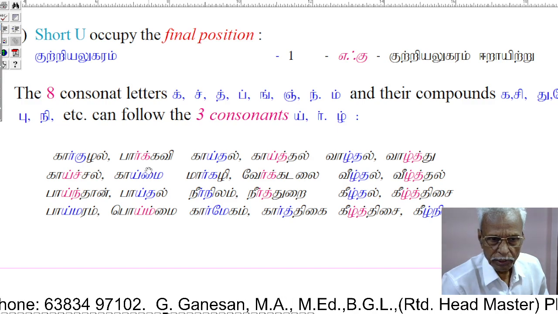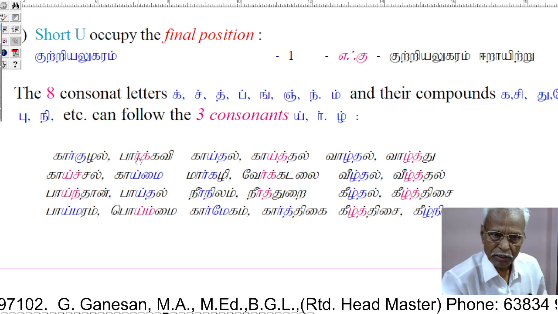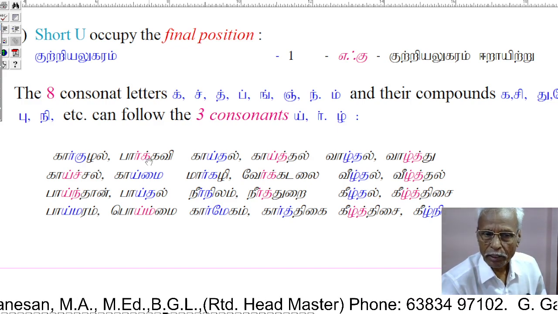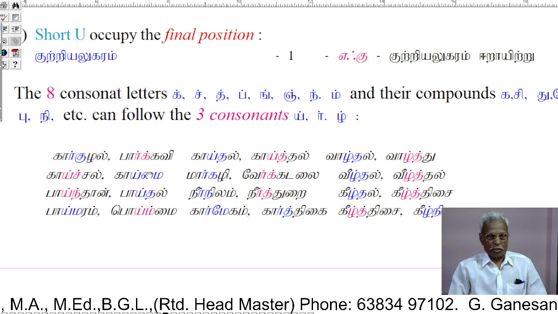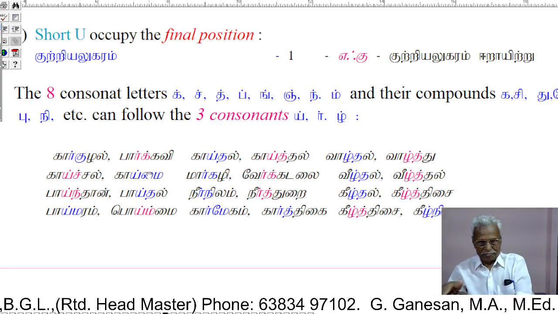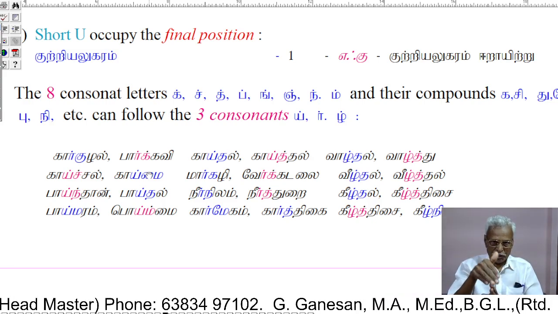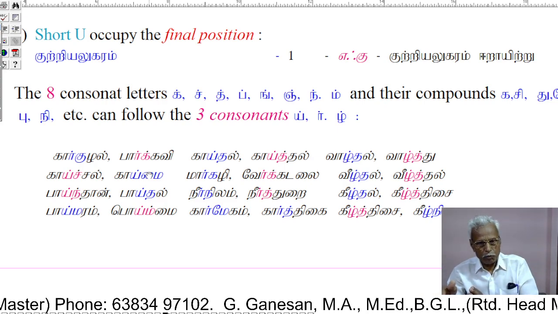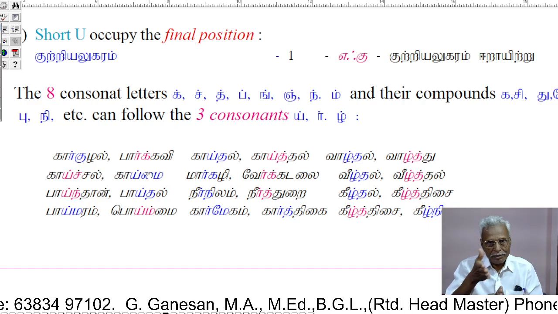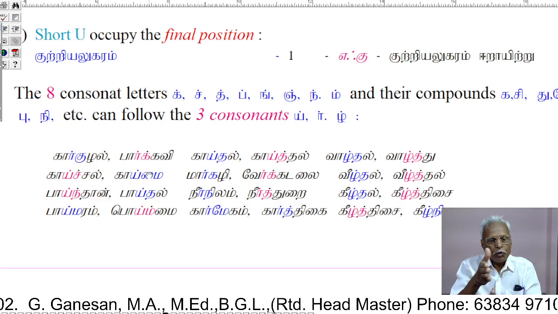Here, the consonant ir has been followed by ik, another consonant. Then next, the consonant e is followed by the compound tha. In the next word, kaidal, the consonant e is followed by the consonant e.